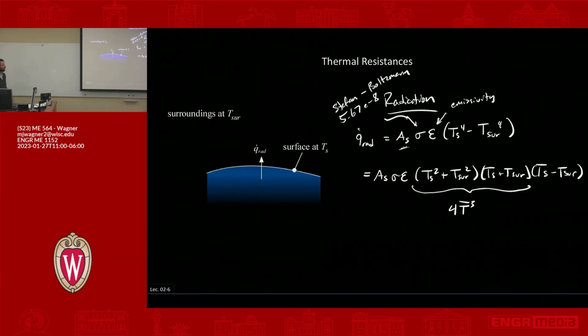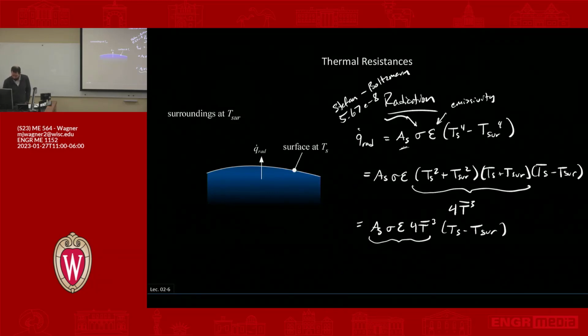All right, I won't go through the proof of that, but take my word for it. So what we end up with is AS sigma epsilon 4 T bar cubed times (Ts minus T surroundings). And then this stuff out here becomes our 1 over resistance for radiation.